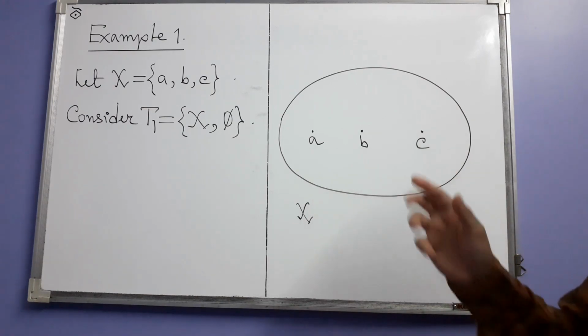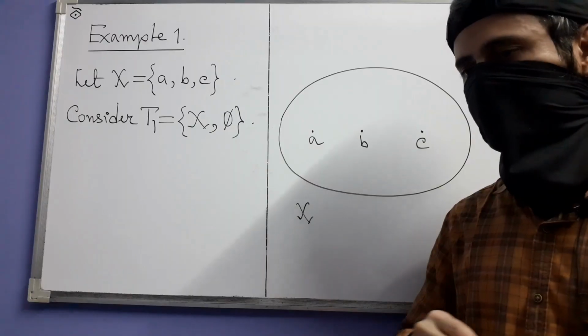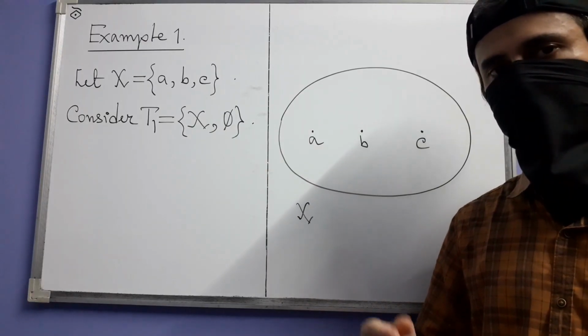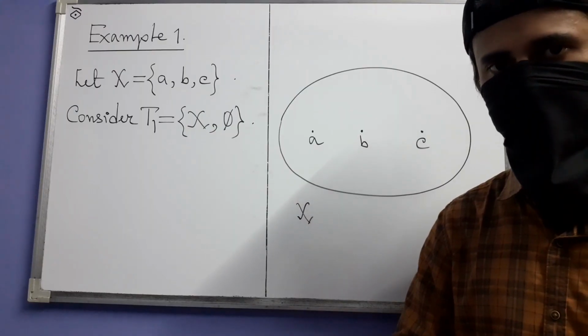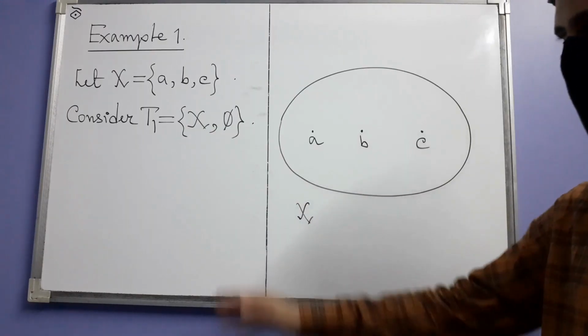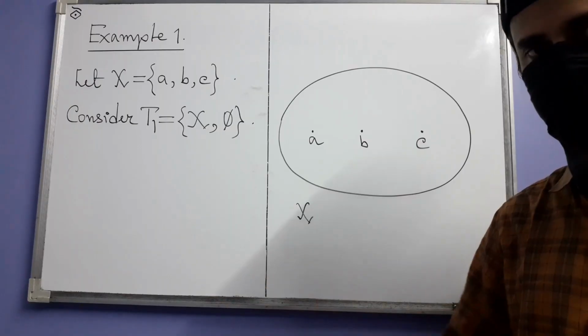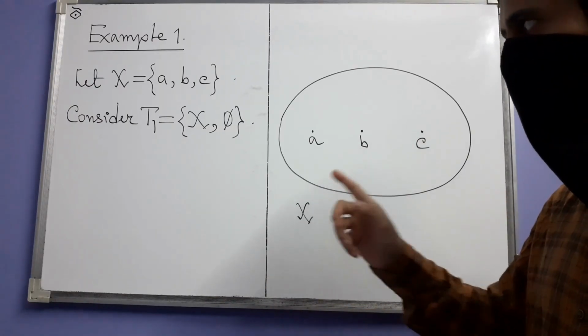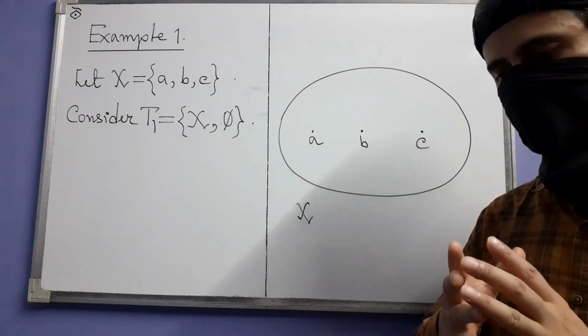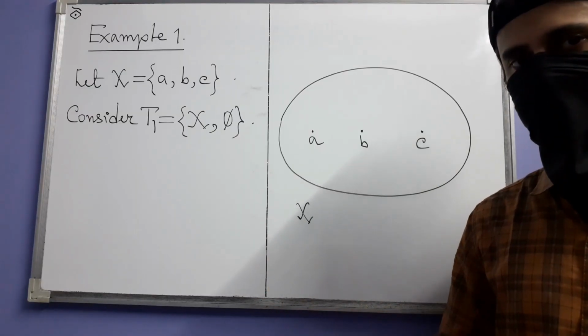Next comes the condition that all finite intersections of elements of T1 are again elements in T1. Is that true? Again here we can have copies of these sets when you are considering finite intersections. But this time you will consider only finitely many sets at a time.